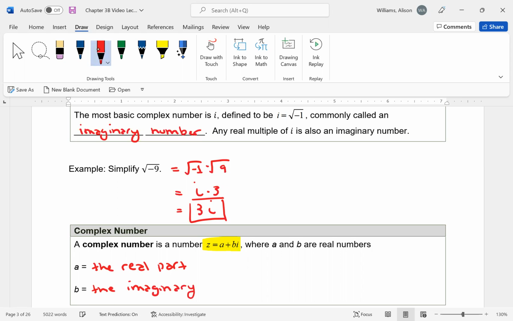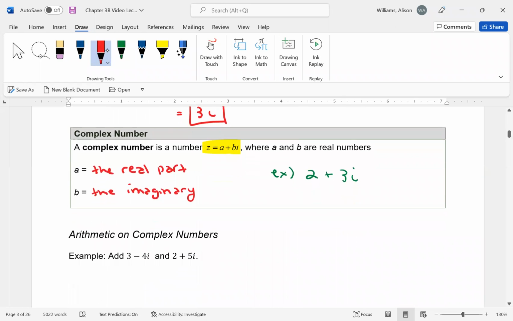In other words, we can have a real number in the world like 2 and add it to an imaginary number like 3i, and boom, it's taking a real number and adding it to an imaginary number. It's a brand new number, which we're calling a complex number, 2 plus 3i.